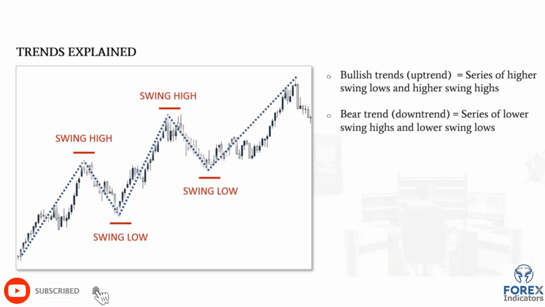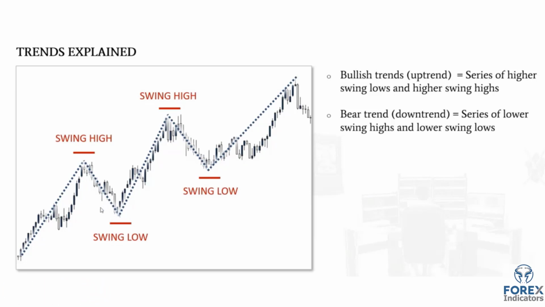Once the next pullback starts again, another swing point forms. Since this swing point is higher compared to the previous swing point, it's called a higher high. Once this pullback is over, a new swing low is formed, but this one is higher compared to the previous swing low, which means this is a higher low.